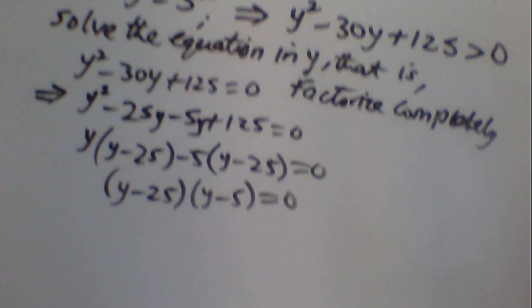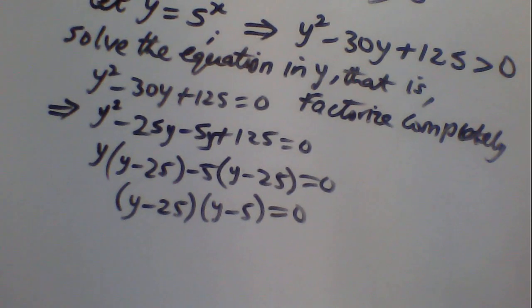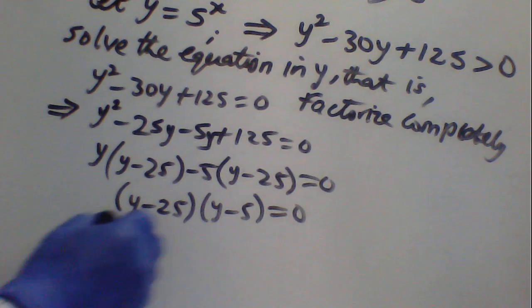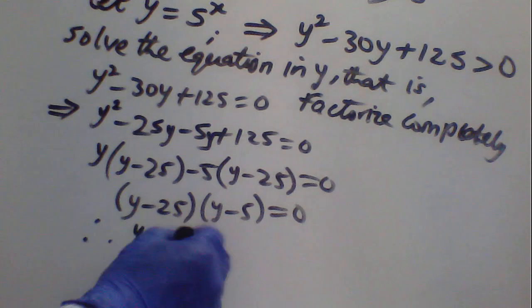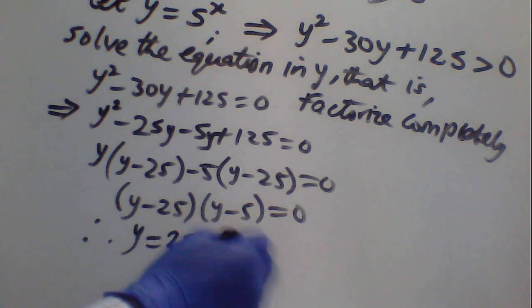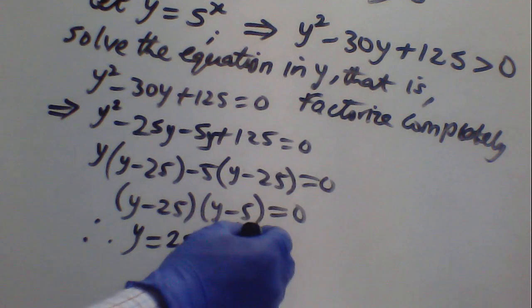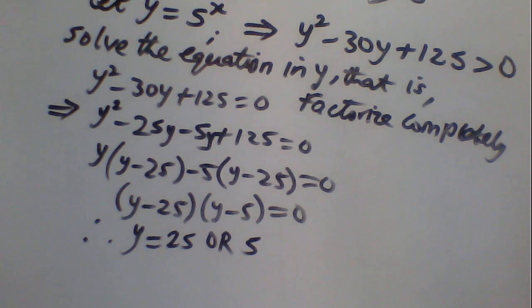At this point, equate each of the factors to 0. Y minus 25 crosses the other side to give us 25, or y minus 5 crosses the other side to give us 5. So y is equal to 25 or 5.